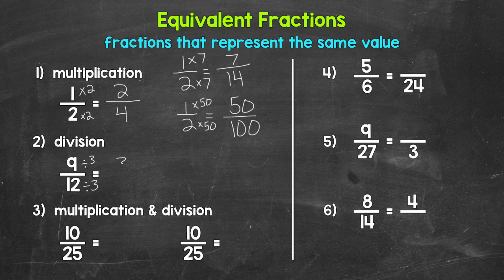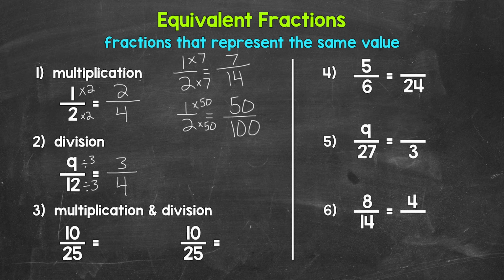9 divided by 3 gives us 3. And 12 divided by 3 gives us 4. So 9/12 and 3/4 are equivalent fractions. Now to go off of this, please keep in mind, for a fraction like 3/4, we can't use division.